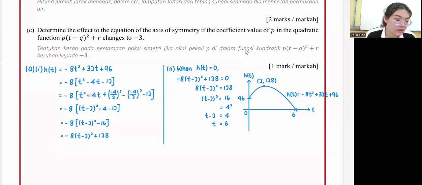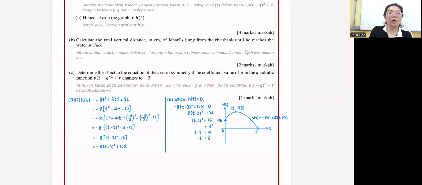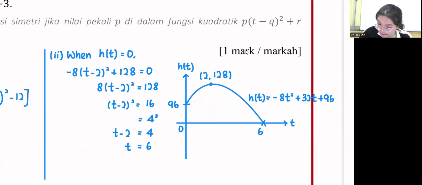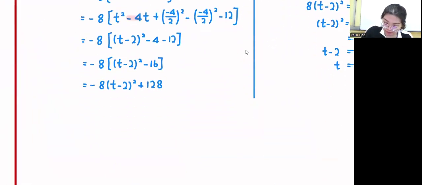Okay, next one. Calculate the total vertical distance of Zohari's jump from the riverbank until he reaches the water surface. So from this side, he jumps up, this is one vertical distance. After that, from 128 to 0, also another vertical distance. Okay, you have to add the 2.